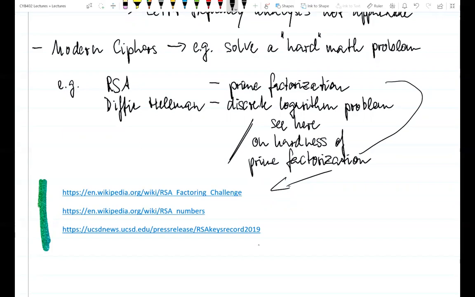It turns out that in those factoring challenges, researchers are already at a key length of 700 something, and you can read it up. They could break keys with that length in reasonable time. So that's the reason why RSA uses keys that are way longer than that, just to keep the computational distance and keep RSA secure.